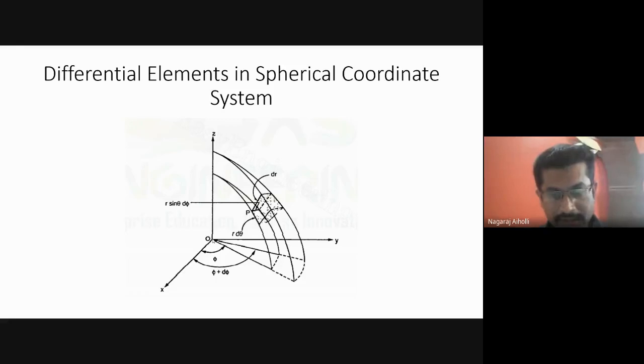This arc length is r d phi. When we move to the other point P, it makes an angle theta between O and P.